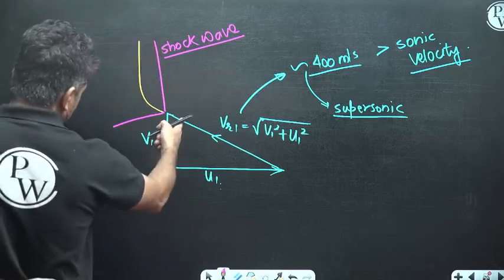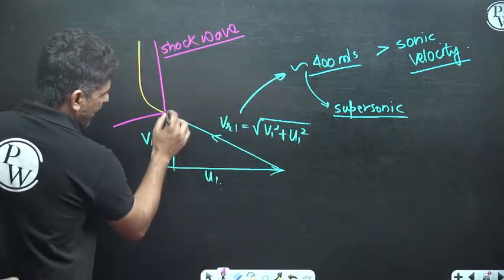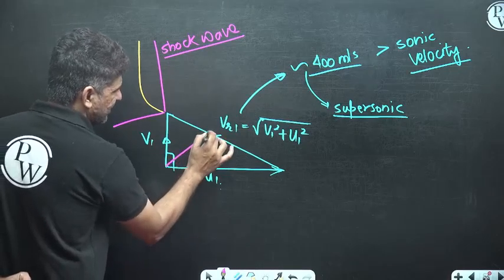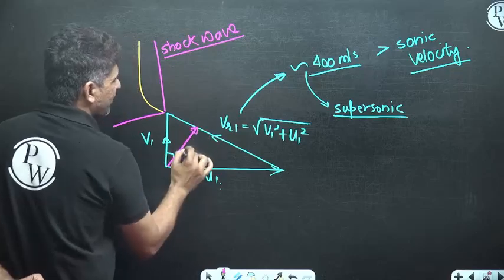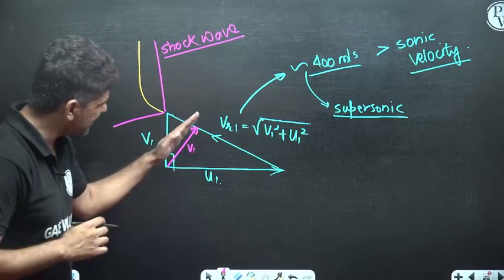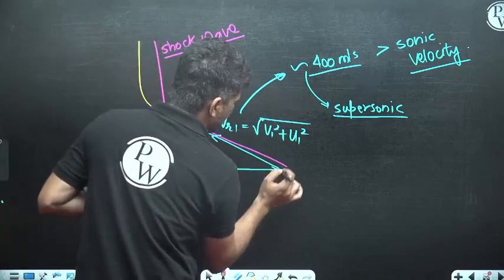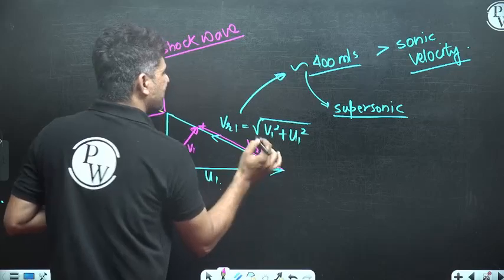This relative velocity can be reduced by guiding your absolute velocity not in this direction, but let's say in this direction. Okay, so what I do is I guide my absolute velocity V1 like this, so that you have this as your V1, this is your U1, this becomes your new VR1. Okay, so this is your VR1 dash.